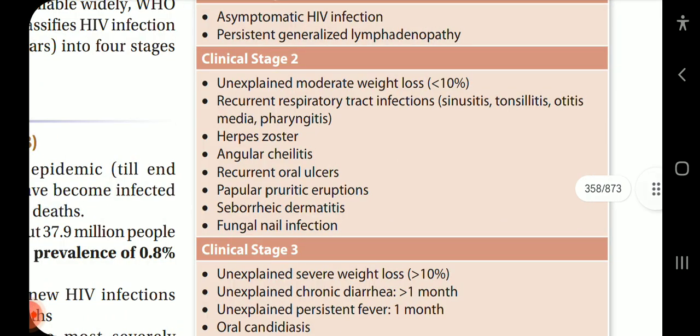Clinical stage 2 accounts for unexplained moderate weight loss less than 10%, recurrent respiratory tract infections like sinusitis, tonsillitis, otitis media, and pharyngitis, herpes zoster, angular cheilitis, recurrent oral ulcers, papular pruritic eruptions, seborrheic dermatitis, and fungal nail infection.